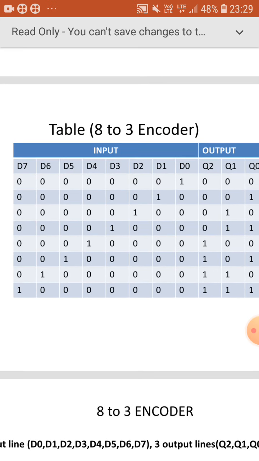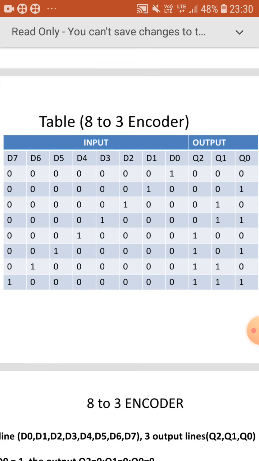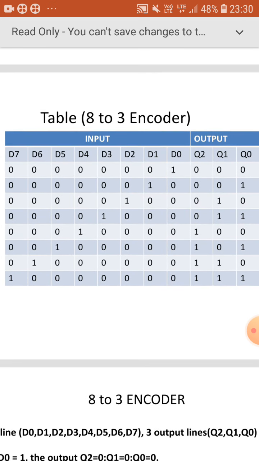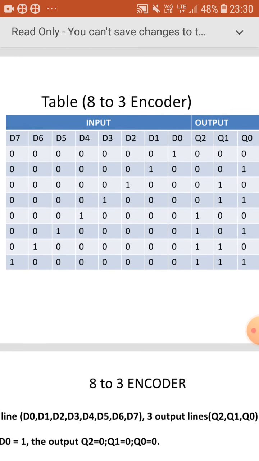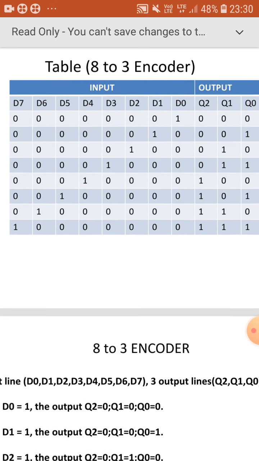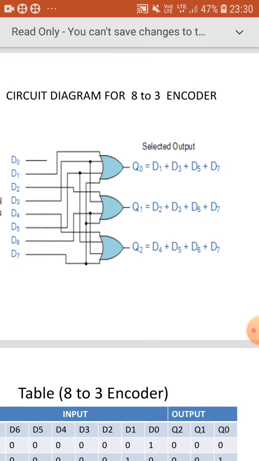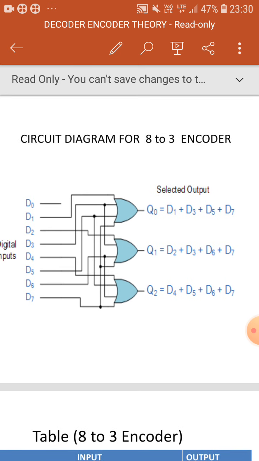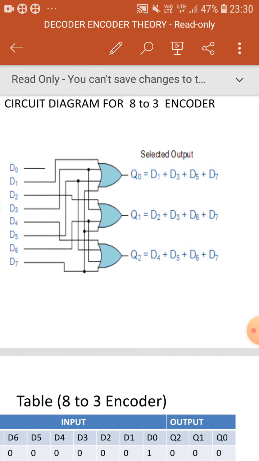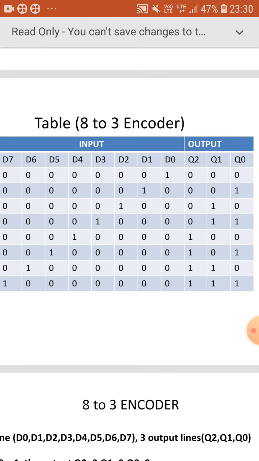Q1 is 1 when D2 is equal to 1 or D3 is equal to 1 or D6 is equal to 1 or D7 is equal to 1. Okay. So Q1 is equal to D2 or D3 or D6 or D7.